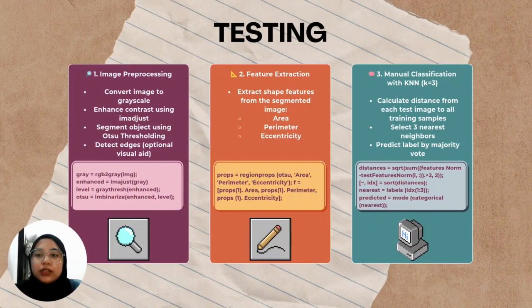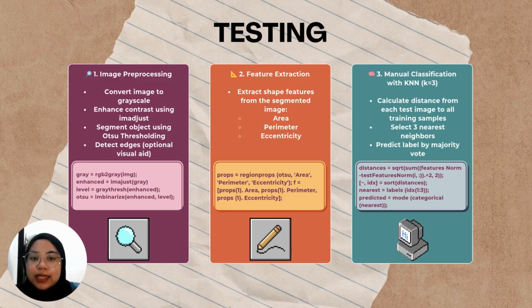Now we will continue to the testing phase of our insect classification system. This testing phase includes 3 main steps, which are image preprocessing, feature extraction, and classification. First, in the image preprocessing, each test image is converted to grayscale using the rgb2gray function.